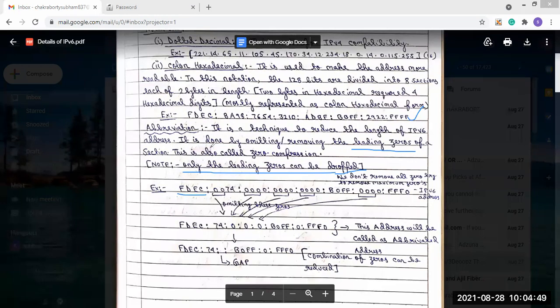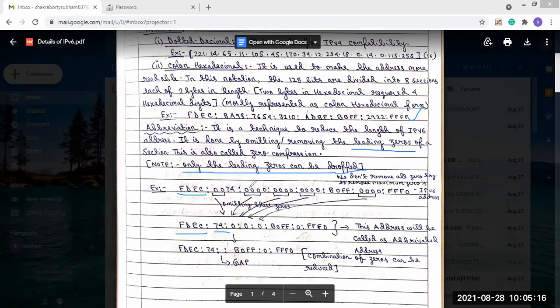The abbreviation technique says we have to remove or omit the leading zeros. Here in FDEC there is no zero present, so we will write that. Now here 0074. These two zeros are leading because they come before 74. So we will only take 74 here.